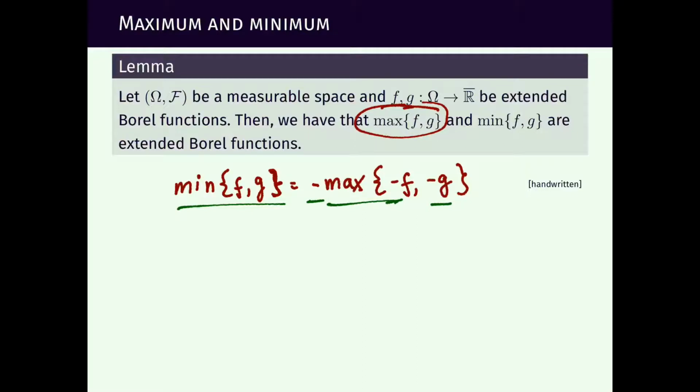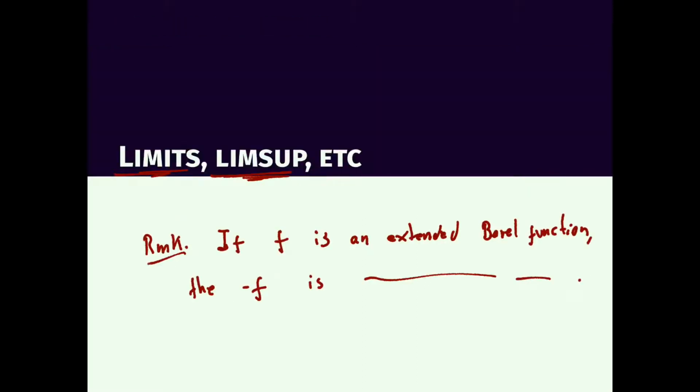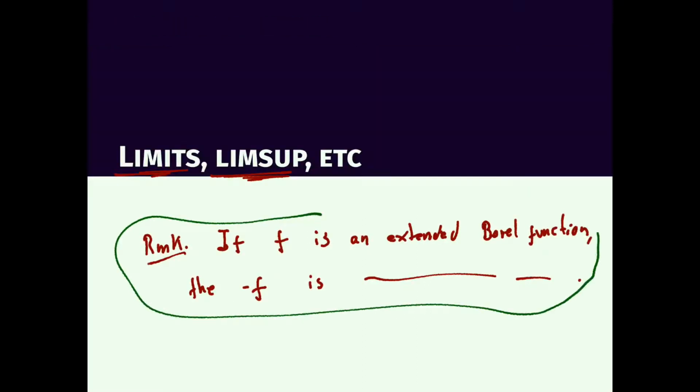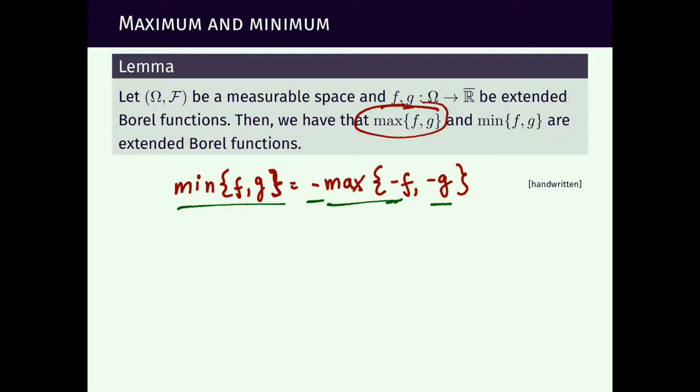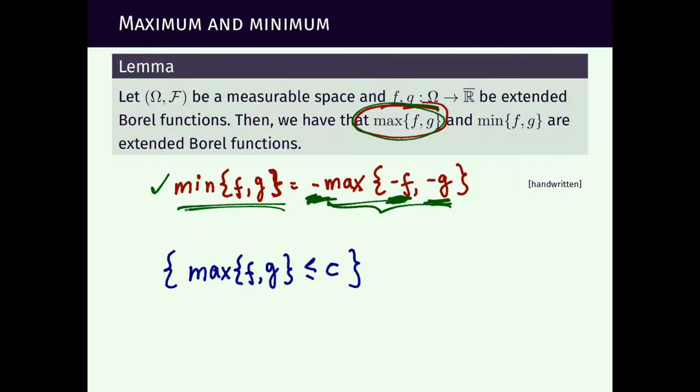And since we have already made this remark that comes out from the proof of the second lemma, the one related to sums and products, assuming f is an extended Borel function, we can put a minus in front of it, same for g, and now we know from the previous case the maximum is an extended Borel function. We can put the minus again and we get the minimum. So it is enough to prove it for the maximum only.